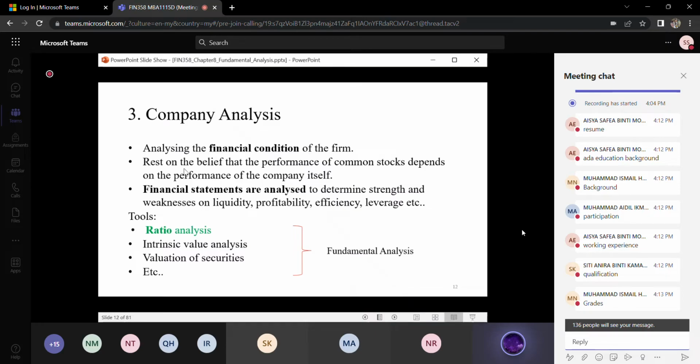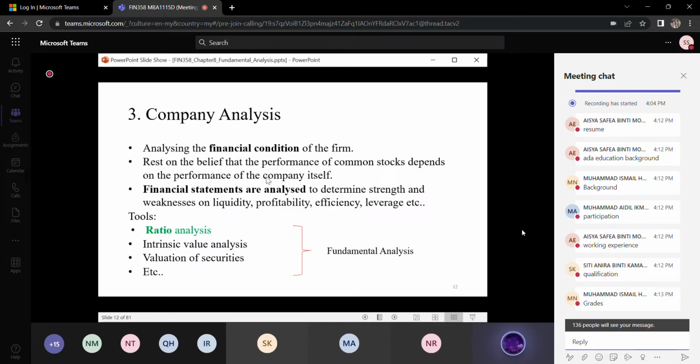So rest on the belief that the performance of common stock depend on the performance of the company. So kalau harga saham adalah bergantung kepada performance syarikat. Kalau syarikat dia buat keuntungan, harga saham syarikat tersebut akan meningkat.